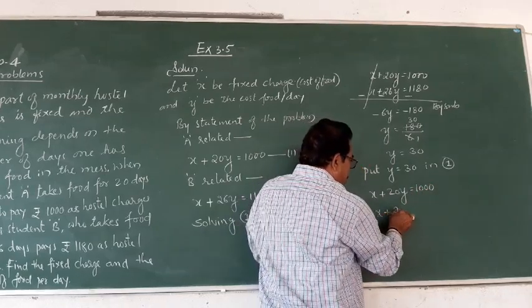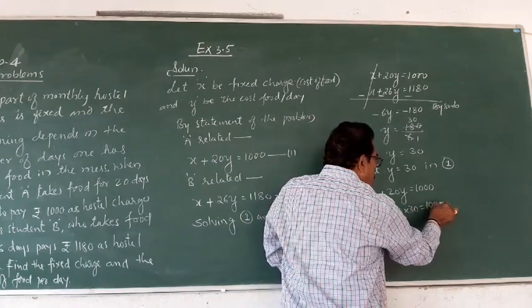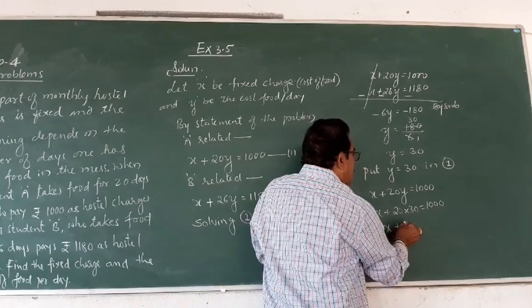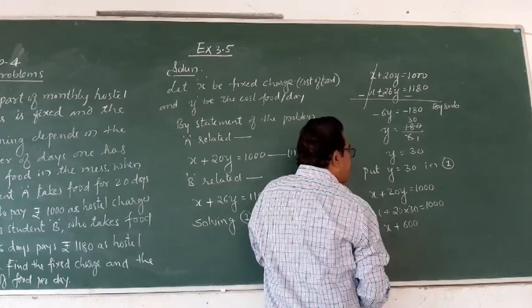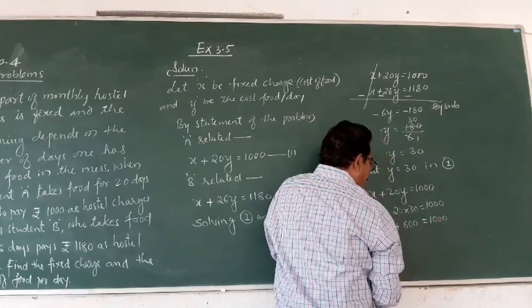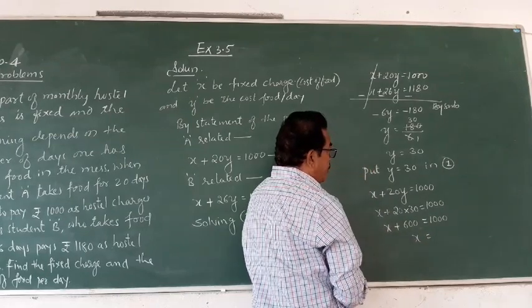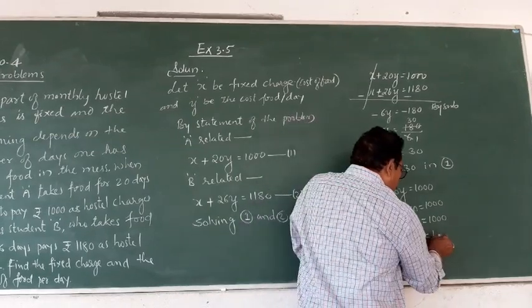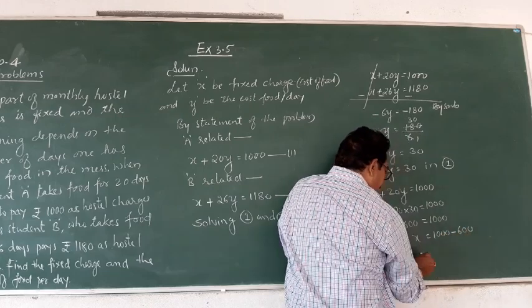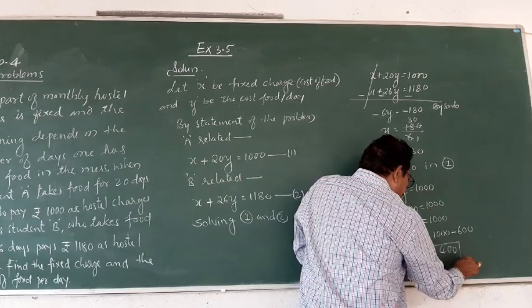X plus 20 into 30 equals 1000. So X plus 600 equals 1000. Therefore X equals 1000 minus 600, that is X equals 400.